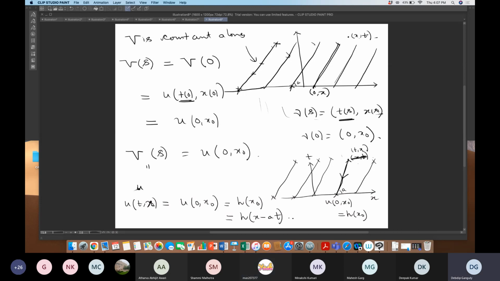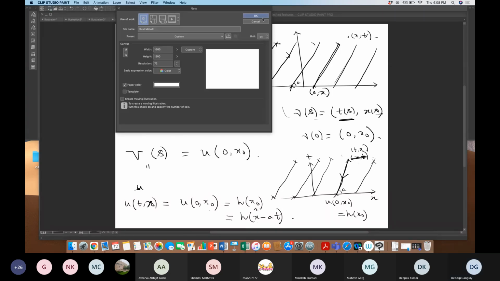U of t, x is equal to, because you take t, x and hit here, u of 0, x naught, that is h of x naught. You can substitute x naught as x minus a t. Why? I can tell you why. It is just the definition of a straight line. Here is the point x comma t.